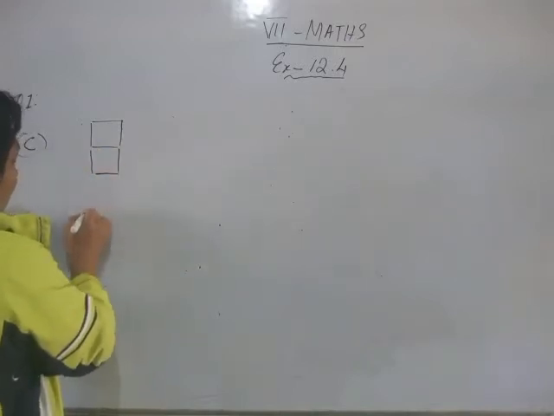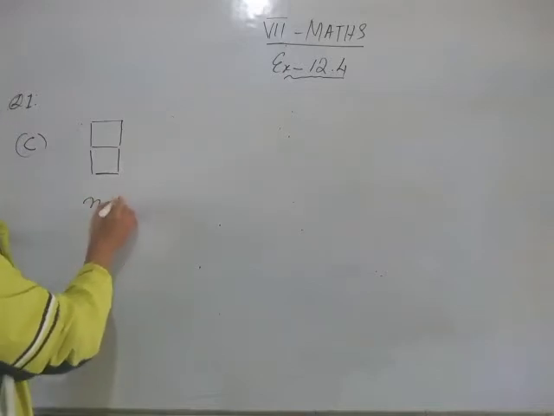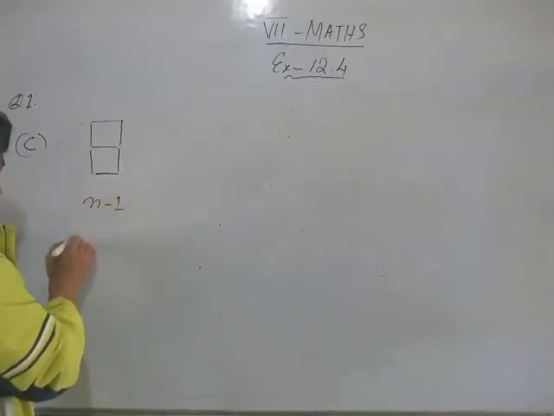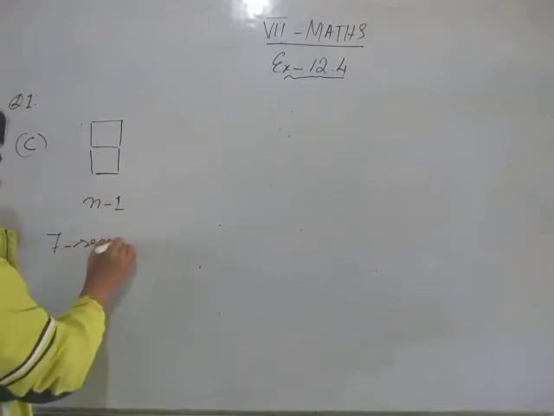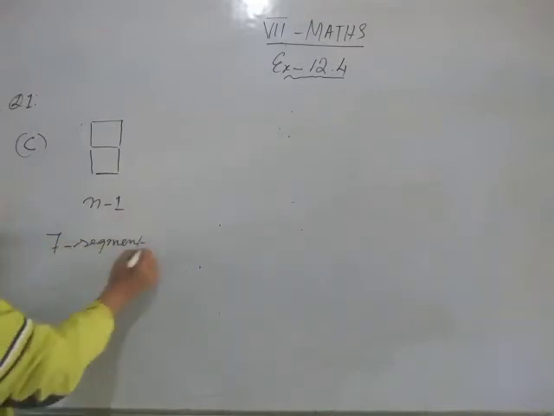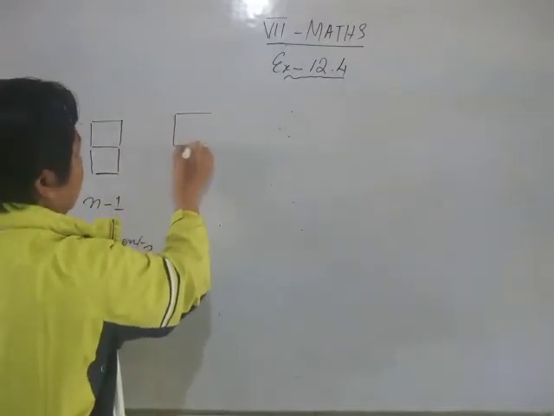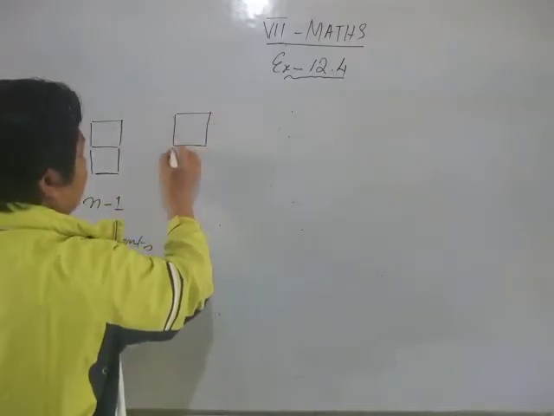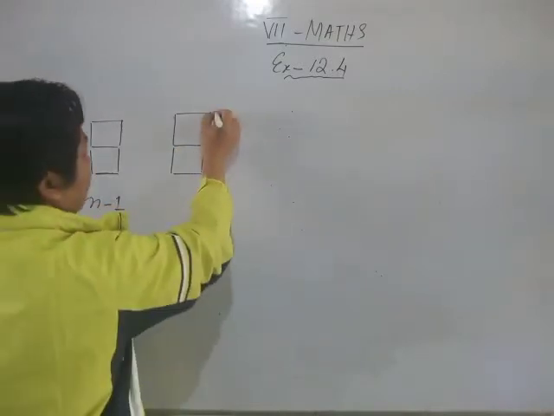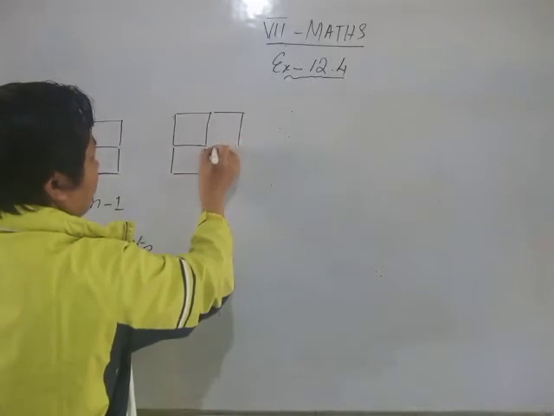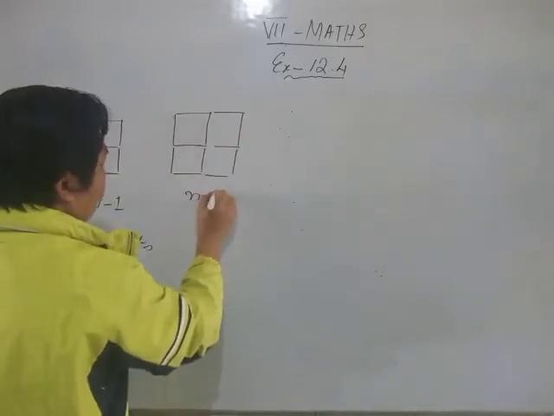Okay. Here, how many segments are there? Now, n is 1. n is 1 and the number of segments is 7. 7 segments are there. Now you make such a pattern continue like this. n is equal to 2 now.